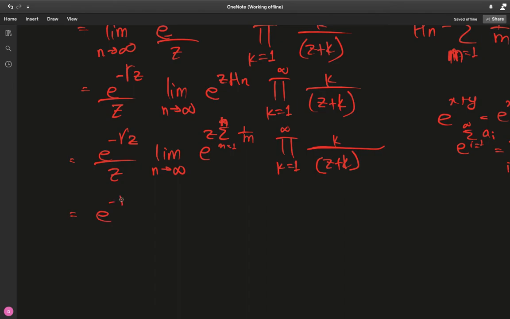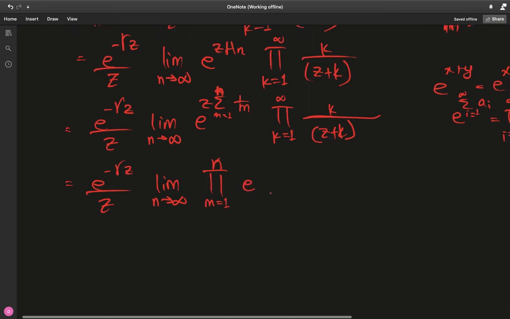So we have e to the negative Euler-Mascheroni z over z, limit as n goes to infinity of the product from m equals 1 to n still of e to the z over m, and the product from k equals 1 to infinity of k over z plus k.